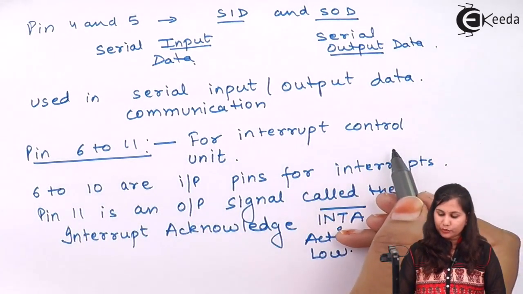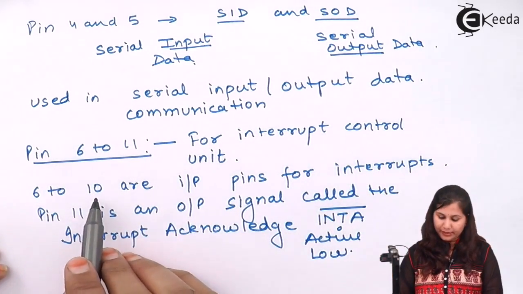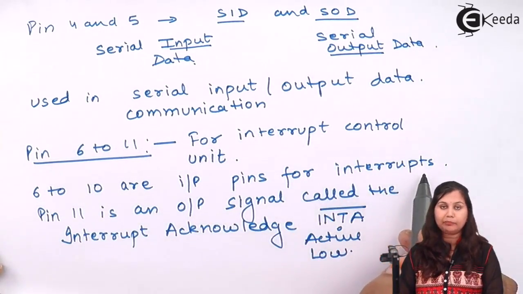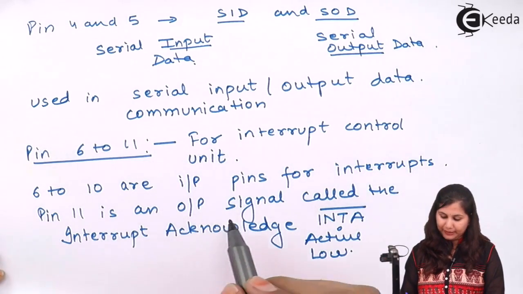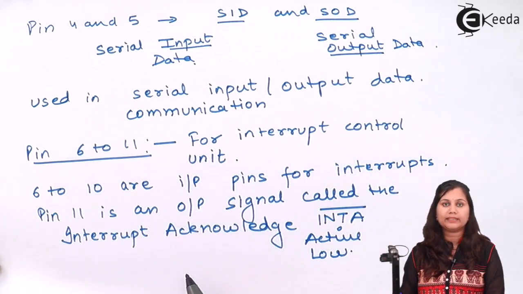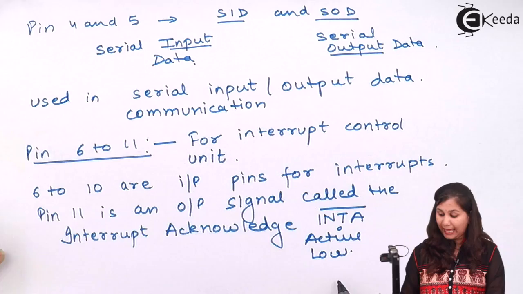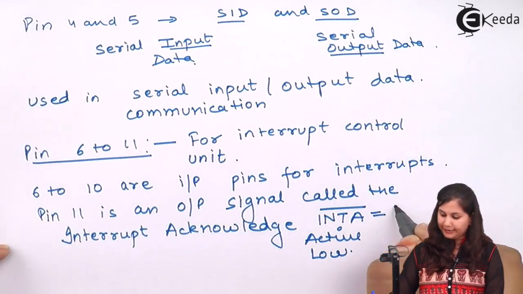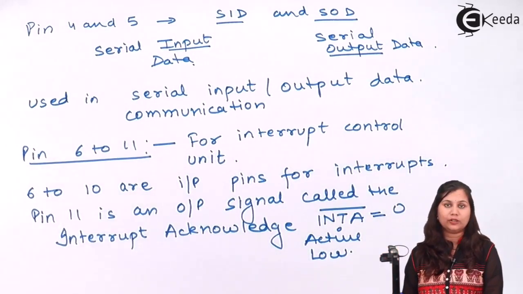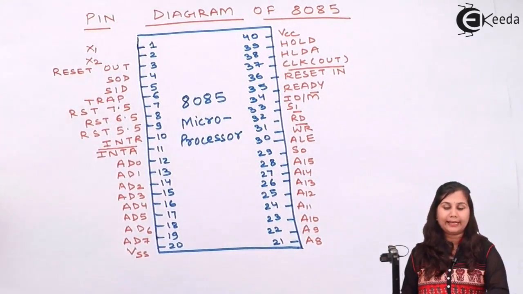So these pins are used for the interrupt control unit. Pins 6 to 10 are the input pins for the interrupts, and pin 11 is an output signal called the interrupt acknowledge signal, which is an active low signal, and it is active when its value is equal to 0.